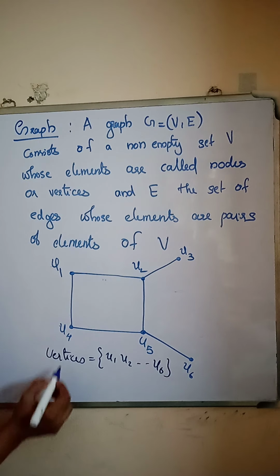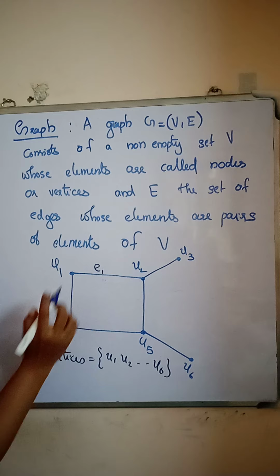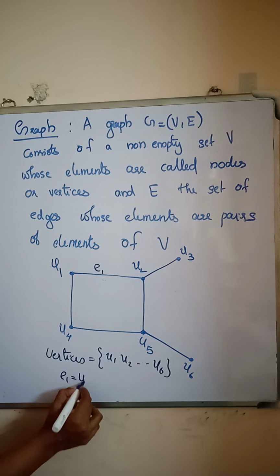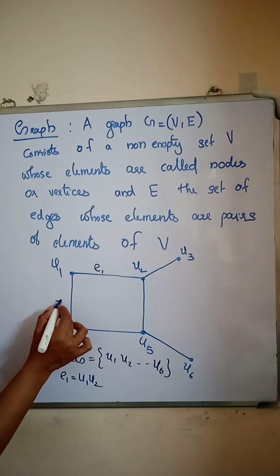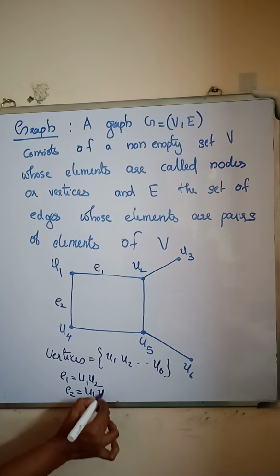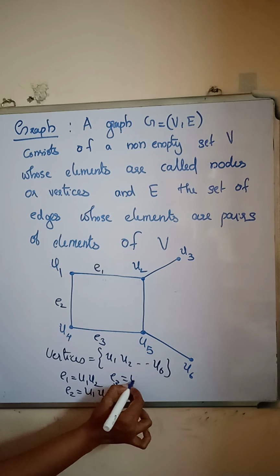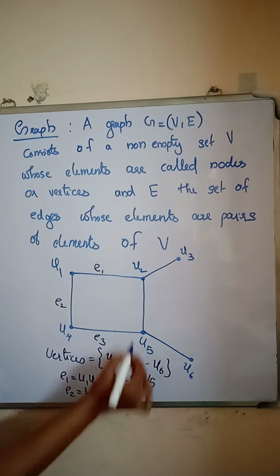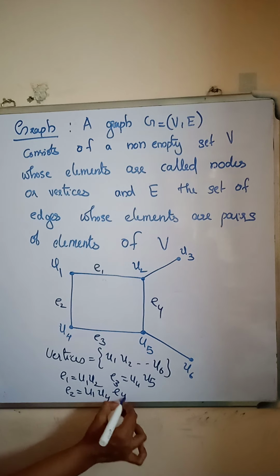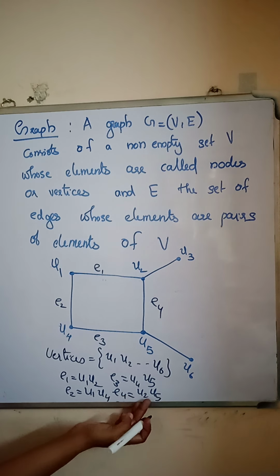And the edges: E1 is the edge U1, U2. E2 is another edge, U1, U4. E3 is U4, U5. Also E4 is U2, U5, which can also be written as U5, U2.